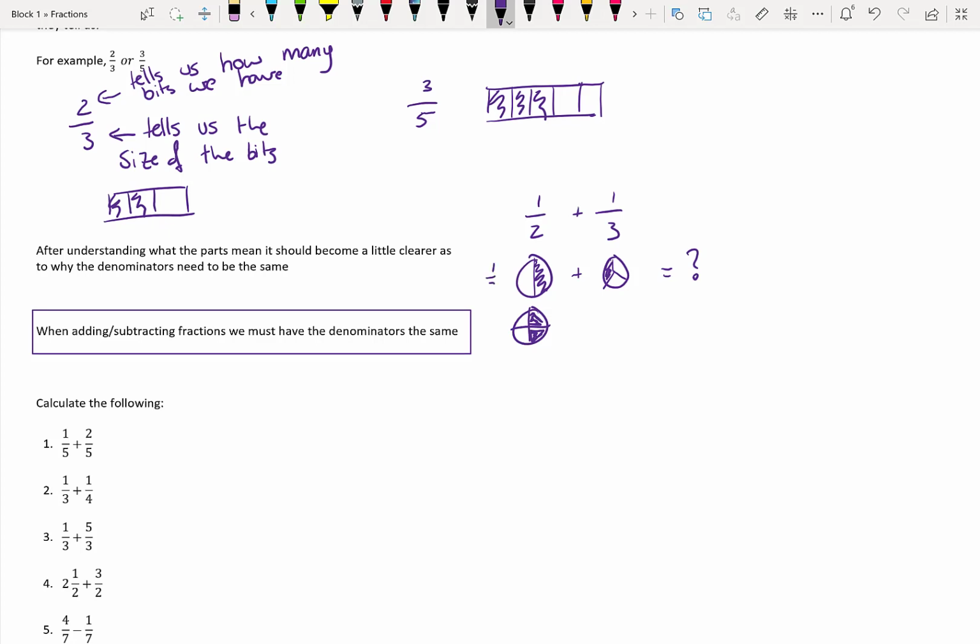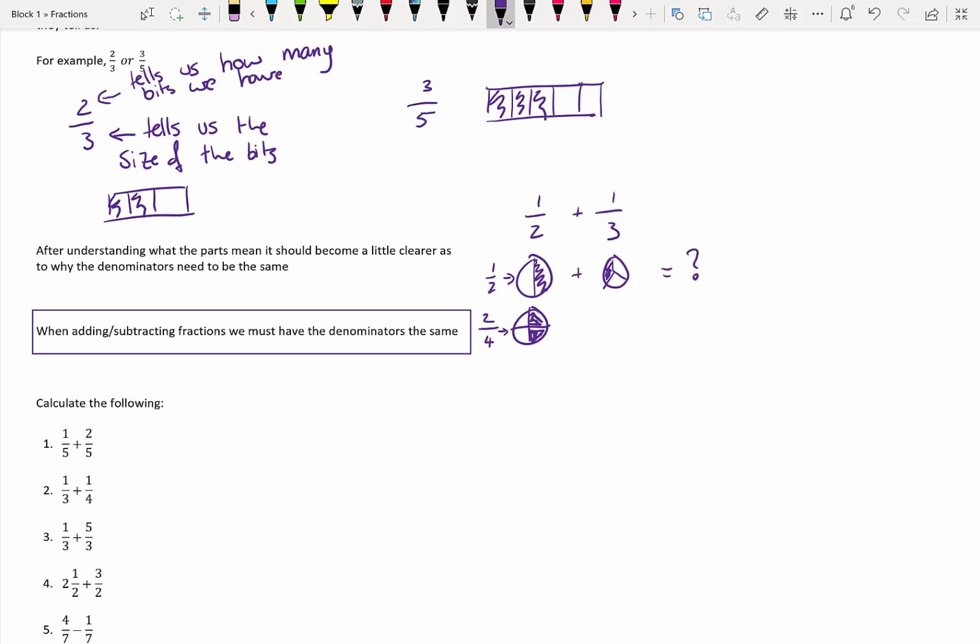So when I cut them into 2 bits, I only had to take 1. If I want to cut them into 4 bits, I need to take 2. Okay, that's the idea that we're going to be thinking about when we're looking at doing these. What I need to find is a way of cutting them at the same size bits so that my half and my third give me the same size.